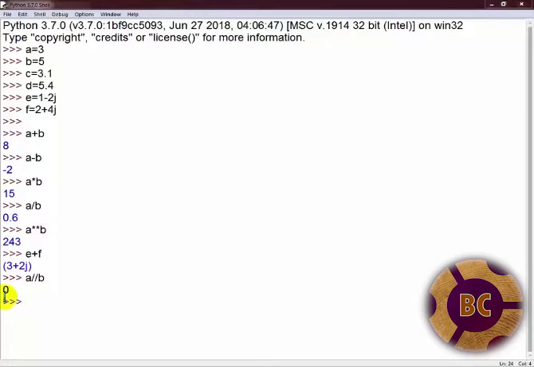And for example, about modulo, A modulo B. The modulo is 3. Let's apply modulo and div on floating point numbers.